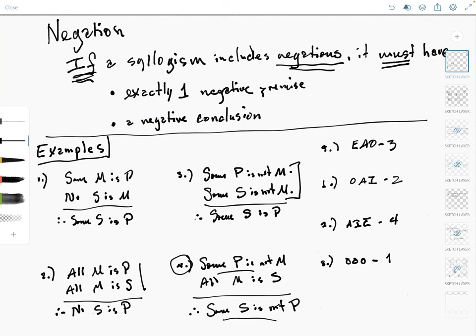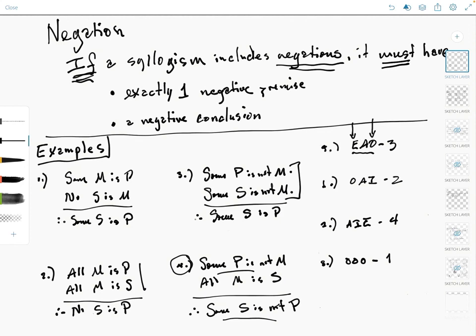Now, the negation rule can easily be applied to moods and figures if you just consider what the mood actually means. It tells you right on the surface which propositions are negatives and which are affirmatives, right? So if you look at example number 5, EAO3, we don't even have to worry about the figure because we can tell that we have exactly one negative premise and a negative conclusion.